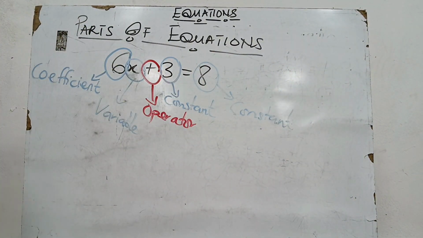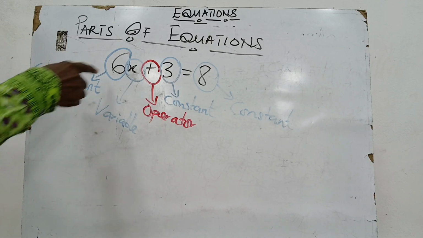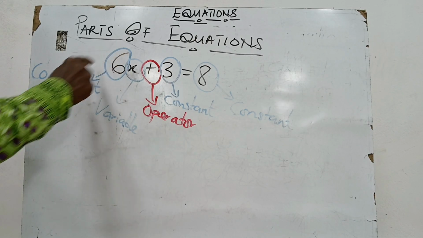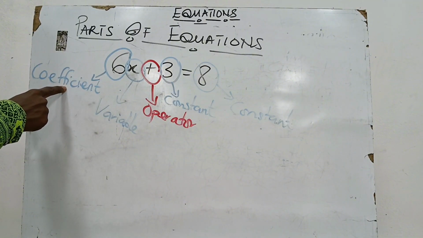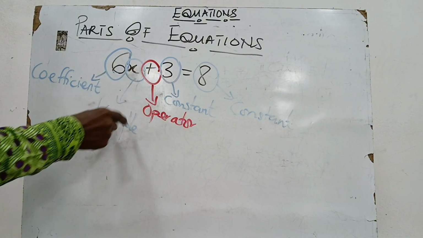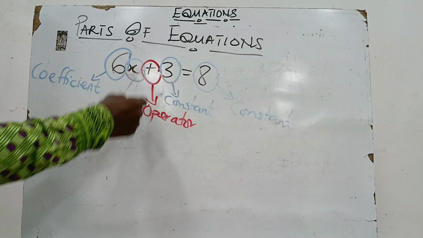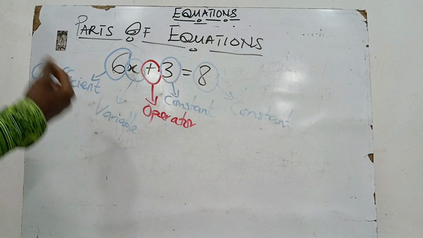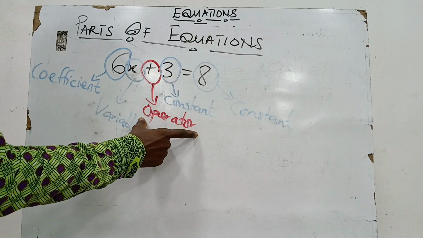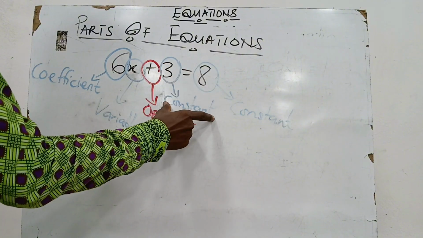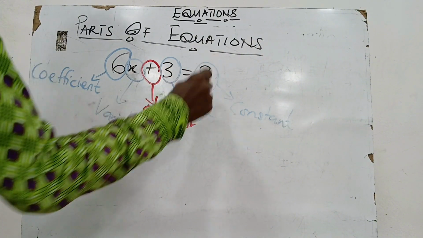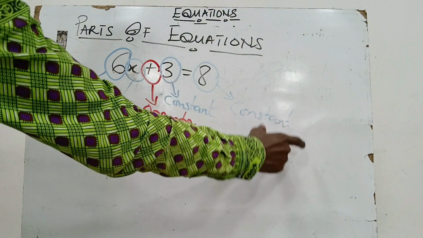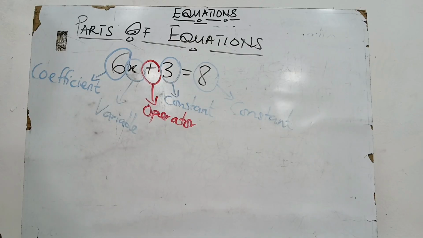So whenever you have a number attached to a letter, the number is called the coefficient, and then that letter is called the variable. The plus, the minus, the times, the division, they are called operators. This alone is called a constant, and this alone is also called what? A constant. Are you following?